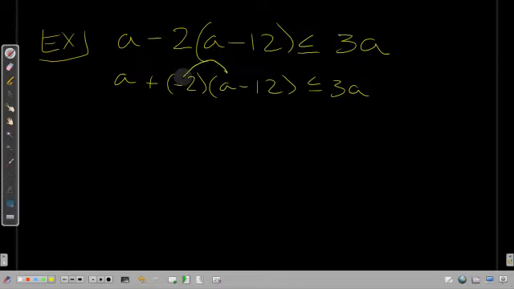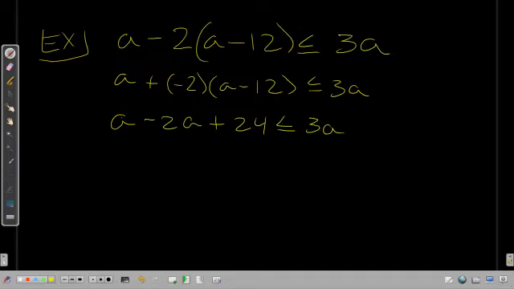So the number that distributes in is -2. You would get a minus 2a plus 24 less than or equal to 3a. It has to be plus 24 because -2 times -12 is a multiplication of 2 negatives.